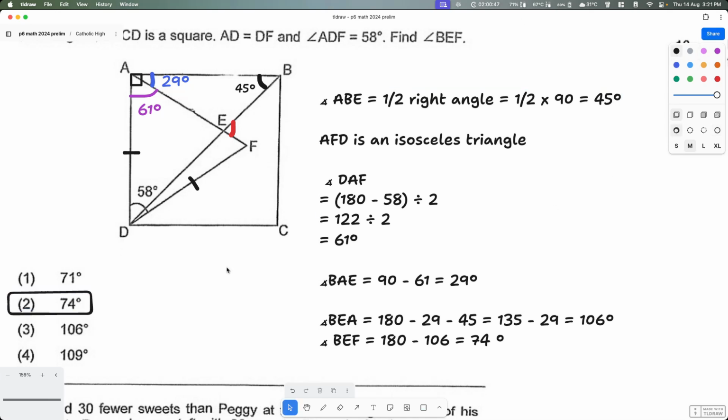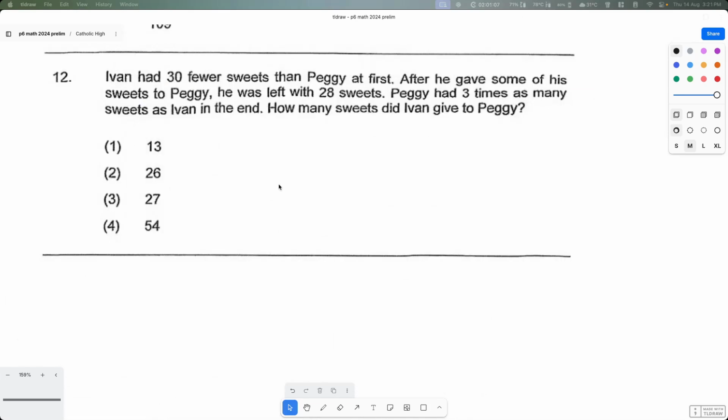Okay, let's move on to the next question. All right, question number 12. Ivan had 30 fewer sweets than Peggy at first. After he gave some of his sweets to Peggy, he was left with 28 sweets. Peggy had 3 times as many sweets as Ivan. How many sweets did Ivan give to Peggy?